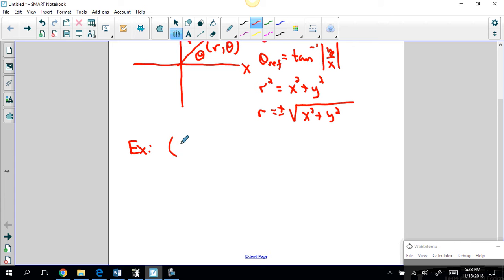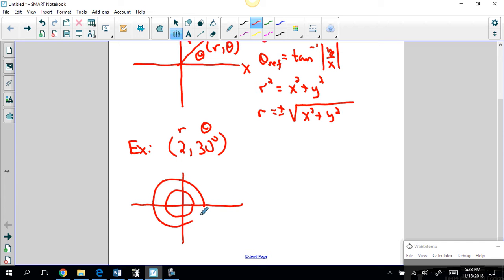Now we could plot 2, 30 degrees, where this is r and this is theta. We could go radius 1, radius 2, turn and burn 30 degrees. Right there, that's that point.